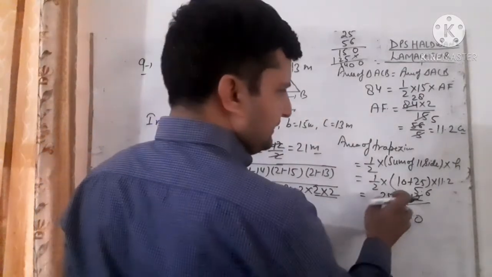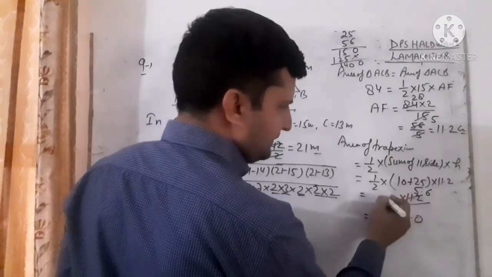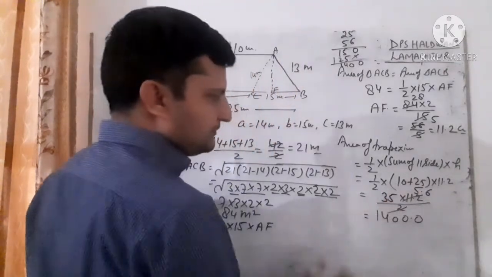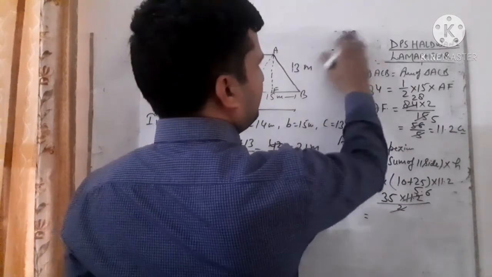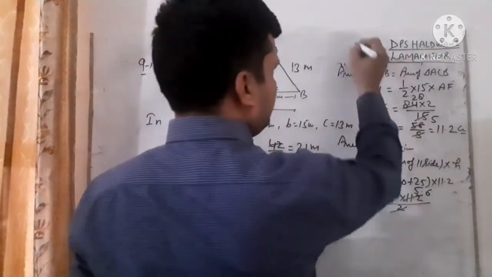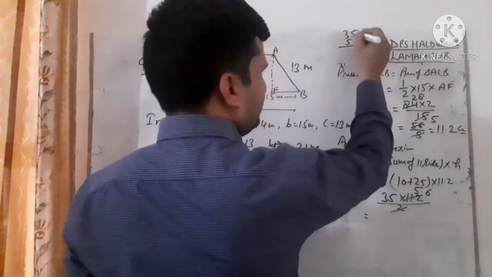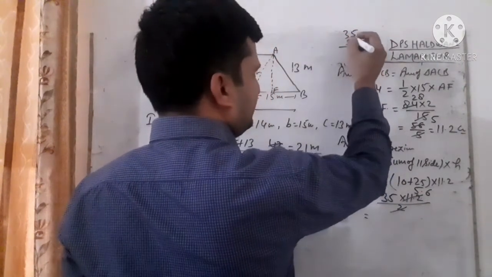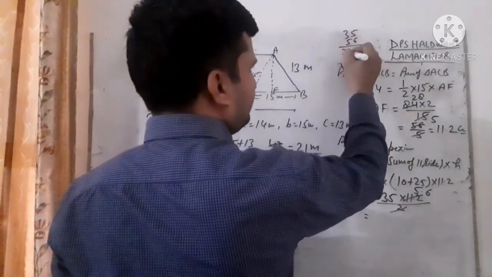Student, I think 10 plus 25 is not 250, it is a sum, we can write it here 35. So student, we have to multiply 35 into 5.6. Sorry, we have done this one as multiply, so we have to add it. So we can do it 35 into 56. 6 5 is 30, 6 3 is 18 and 3 is 21.